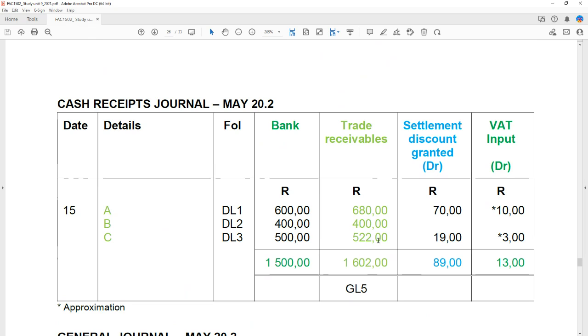Because although the debtor owed us 1,602, they only physically paid us 1,500 because we gave them a discount of 89 plus then the VAT on that, which is 102 Rand. The 89 plus 13 give you 102. So if you subtract 102 from the 1,602, you get your 1,500 that you physically received.